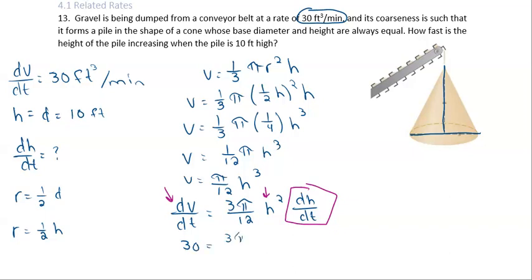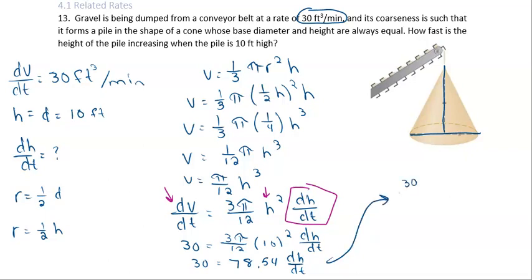So 3 pi over 12, h we're told is 10, don't forget to square it, and then we have dh/dt. There we go. Do some calculatoring, and it looks like we'll have 30 is equal to 78.54 dh/dt.